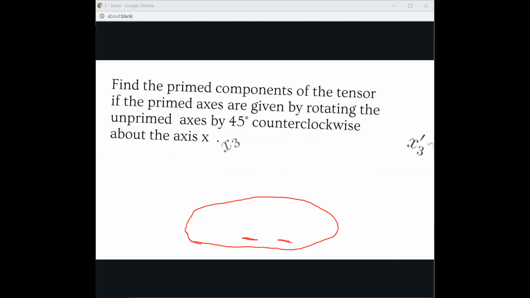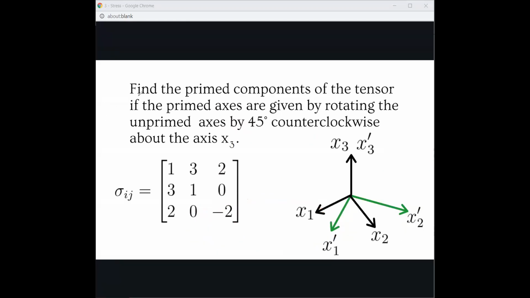Applying that, so let's have an example. Find the primed components of a tensor if the primed axes are given by rotating the unprimed axis by 45 degrees counterclockwise about the axis x3. Okay, so what happened is that yung x3 prime pa rin, hindi siya nagbago. Tama, parehas pa rin sila.